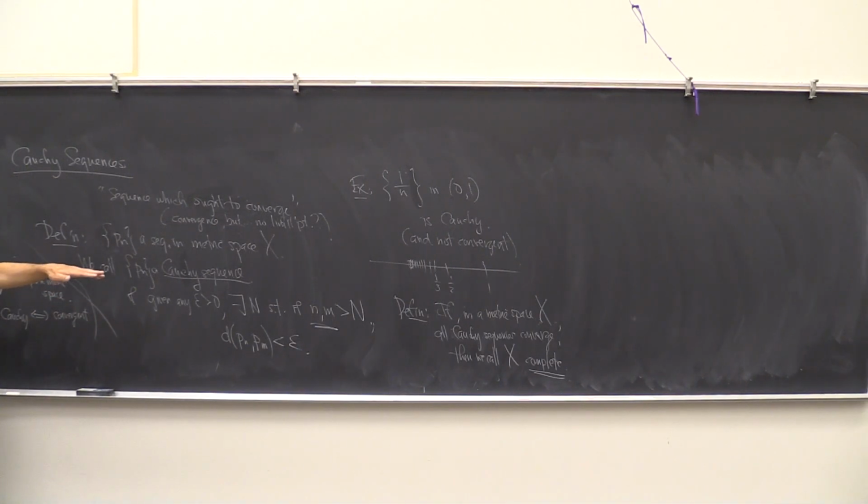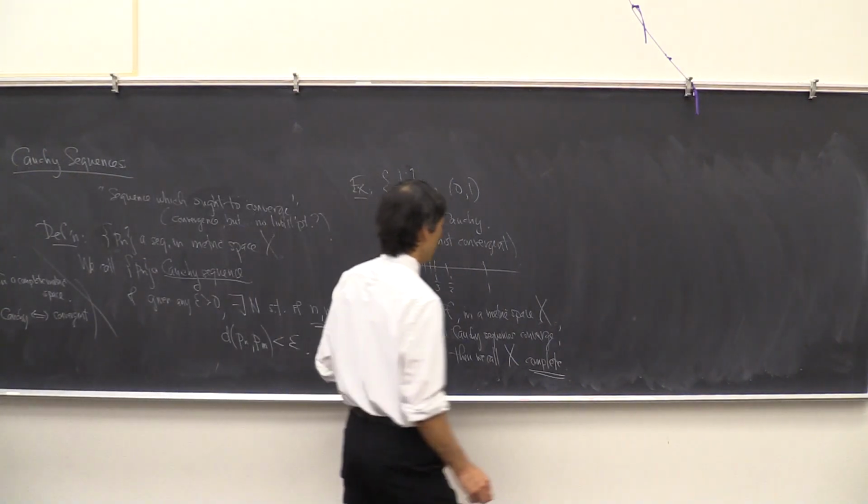I'm just stating the definition, basically. That's what the definition says. Complete means that Cauchy is equivalent to convergent. Okay. Right, so it's another way of thinking about convergence if you're in a complete metric space, but not otherwise. Okay.